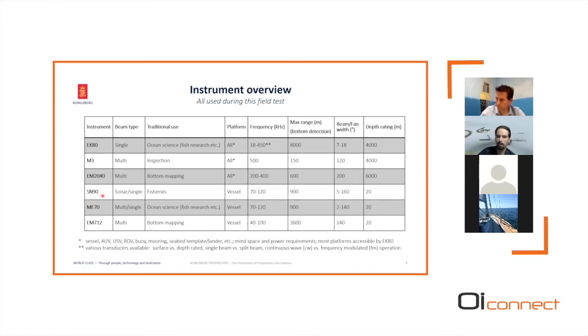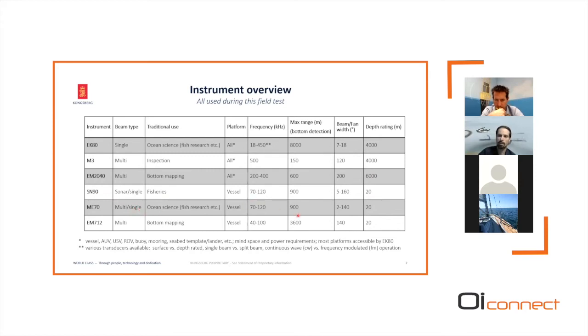The SN90 is a combined sonar and single beam device, usually used for fisheries. That's why you typically install it on vessels. The range is 900 meters and the depth rating is 20 meters because it's on a vessel. The ME70 is a powerful combination of calibrated single beam devices and multi-beam capabilities.